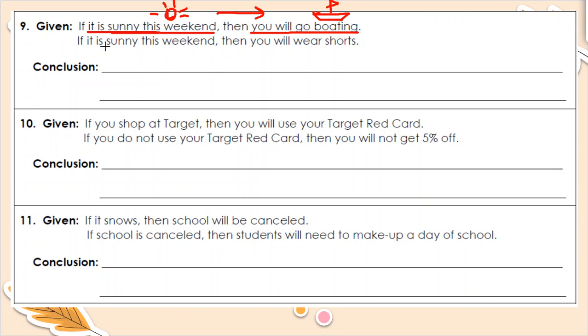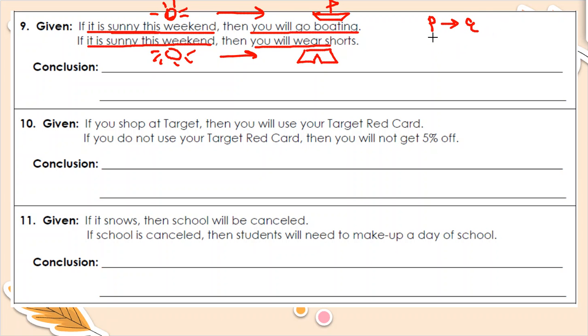Then for the next statement, it says, if it is sunny this weekend, okay, so now we're talking about the sun again, then you'll wear shorts. All right, so there is something wrong with this, right? Symbolically, we would say that this is if P, then Q, where sunny is our P and Q is our boat.